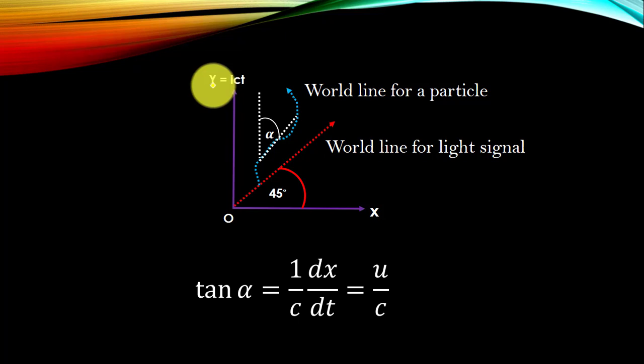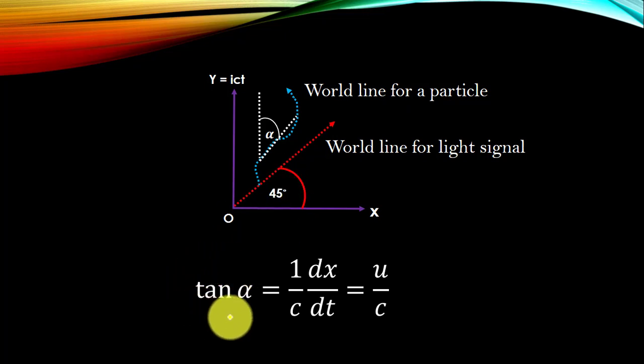So here we have considered the x component and the x4. You can take any of the 3 components x1, x2, x3, and here is the x4 component, which is iota ct. The position of any particle here will be called the world point, and the trajectory of that particle will be called the world line, as I have already told you.